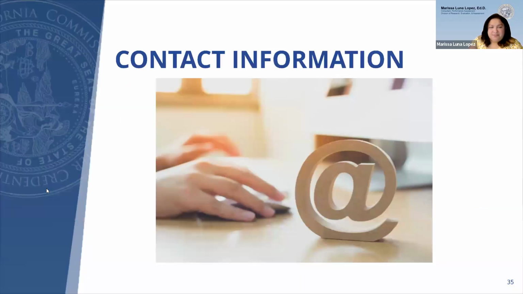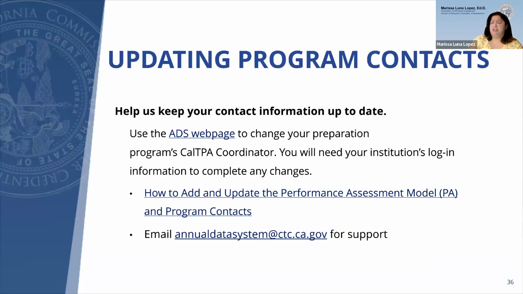Contact information, please. I just want to let you know, if you say, hey, I got a new coordinator, here's their name and email address, can you add them to the ADS? I cannot do that. That is not something I am able to do. Julie can't, and she's magic, but I can't do it either, and I am not magic. The only people that can do that are documented people from your institution. There is a list that was pulled last Friday.